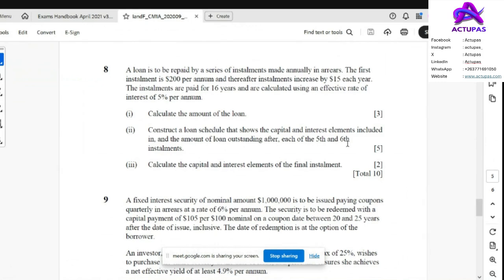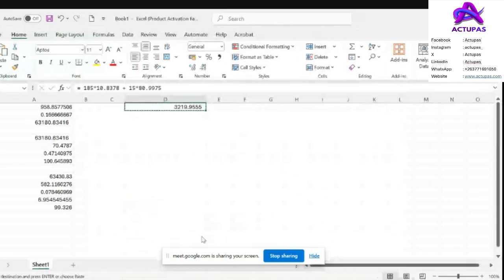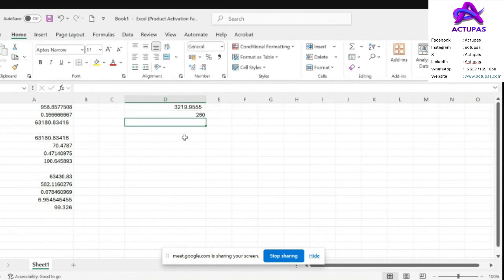And to get the fifth payment, it will be equal to your 185 plus your 15 by 5. So our fifth payment is 260.